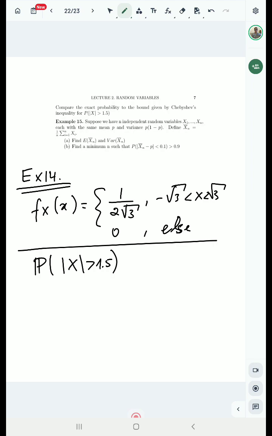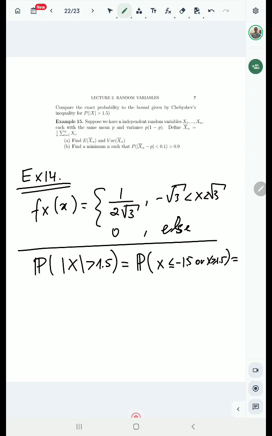Either x is less than or equal to minus 1.5, or x is greater than or equal to 1.5. So in both cases, this is going to work.